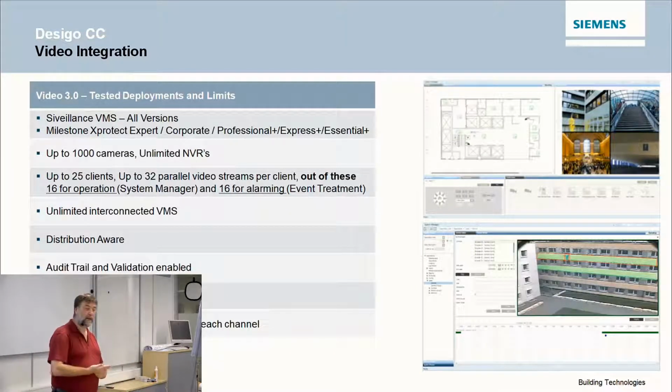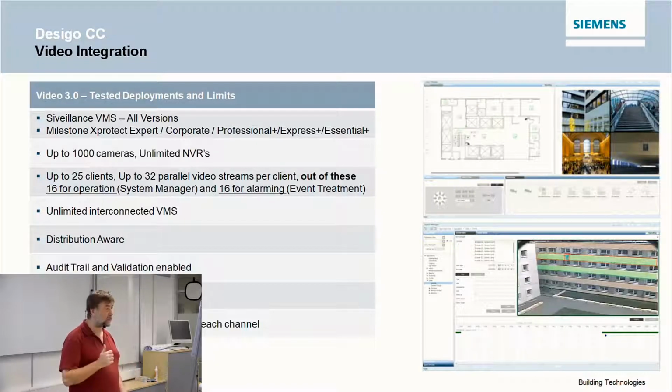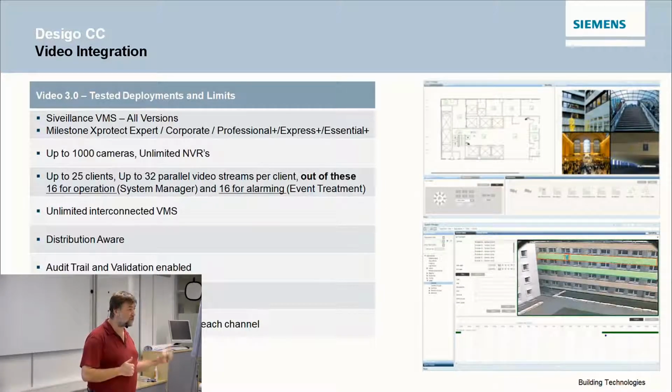Now, we have right now a limit still in our system which says we can display 16 video streams in parallel in the system manager and have another set with 16 parallel streams in an operating procedure. So in best case we can display 32 independent streams, but normally it is 16 for operation, 16 for eventing.